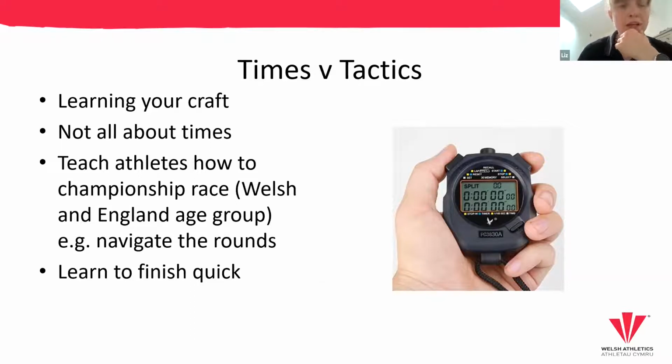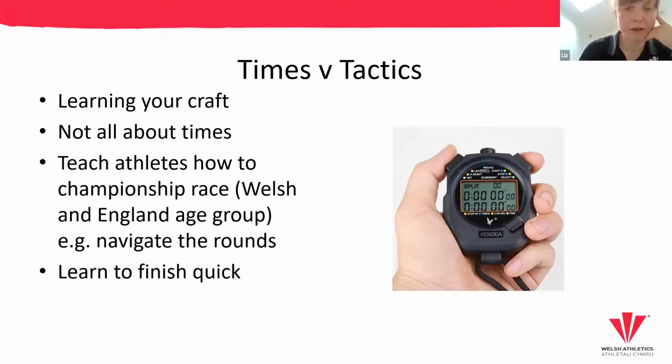And again, going back to that speed and power development, learning to finish quick is really important. Neglecting speed power development is going to mean that you're unlikely to have that quick finish. For some athletes that might not come easy genetically.